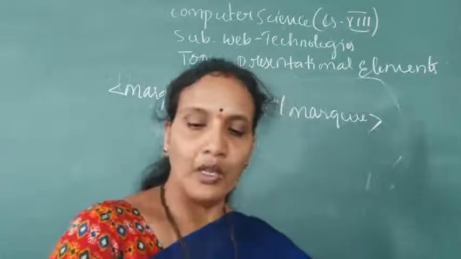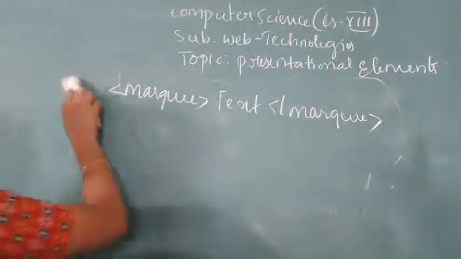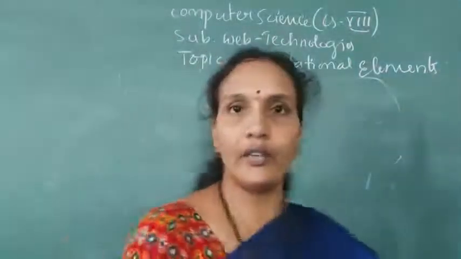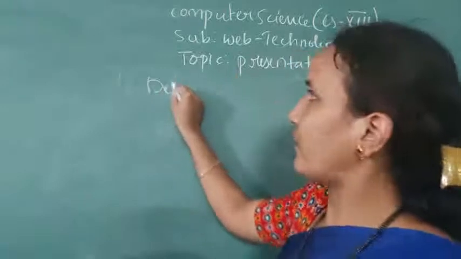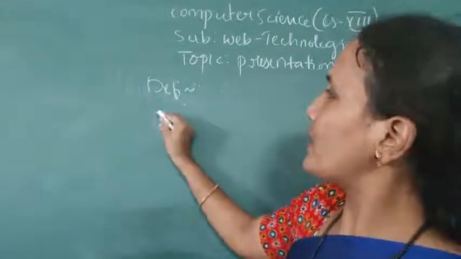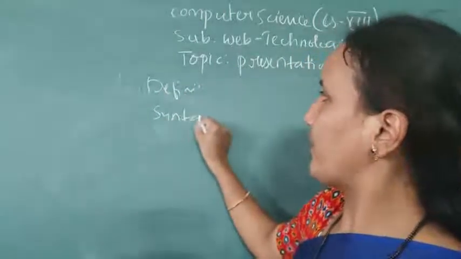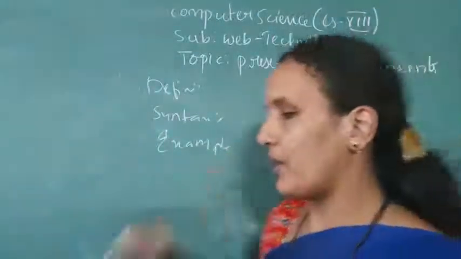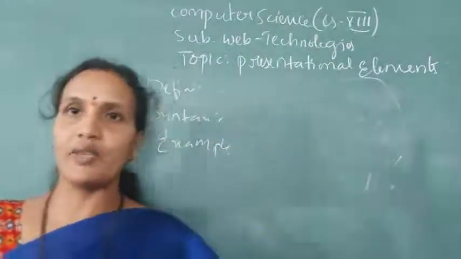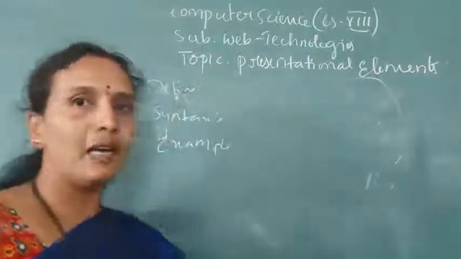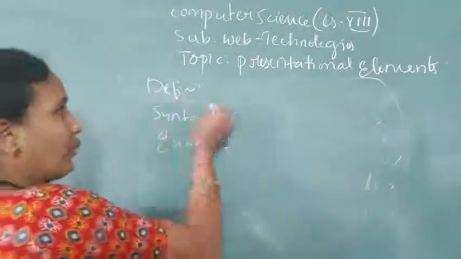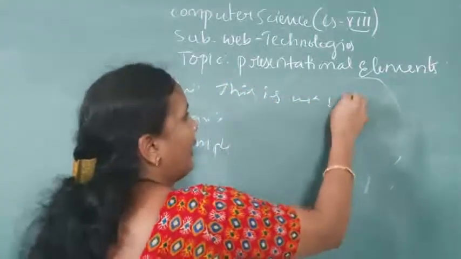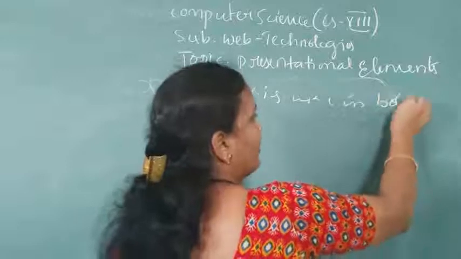So this question you will get as an essay. When you get this question, for each and every tag, you give the definition, what the tag is, the syntax of that tag, and an example of that tag. For example, under presentational elements, I am giving bold. This tag is used to display text in bold style.